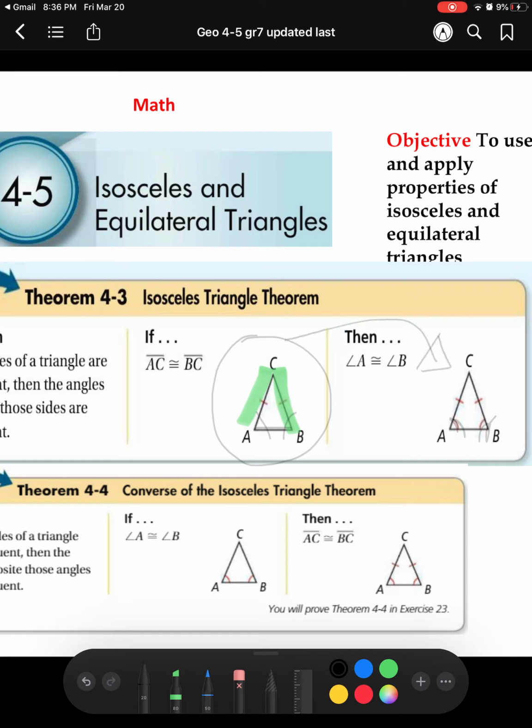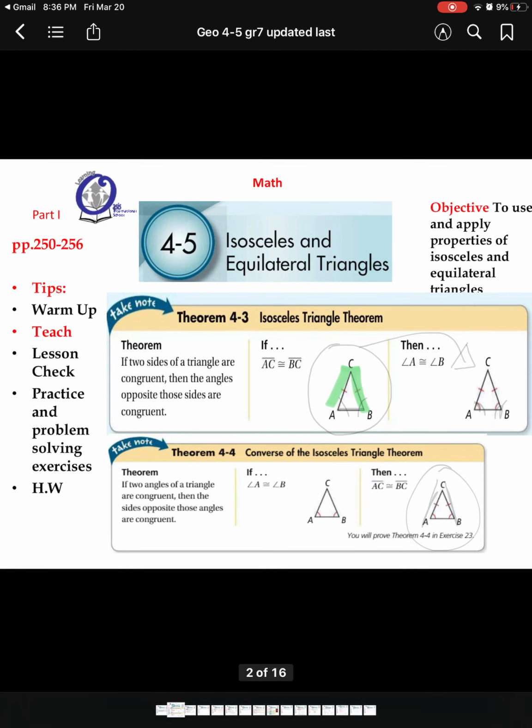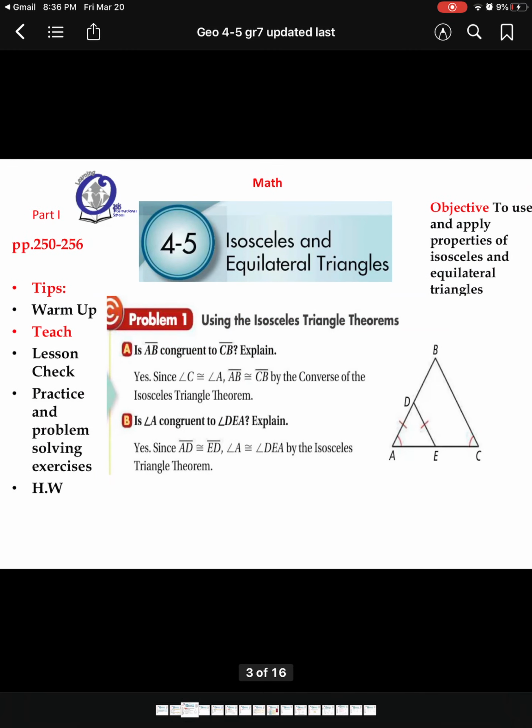Here in the converse, I start with the angles. Since I have A congruent to B, this means I am talking about an isosceles triangle which has CB congruent to CA. Okay, let's see what is the use of such a theorem in our work.